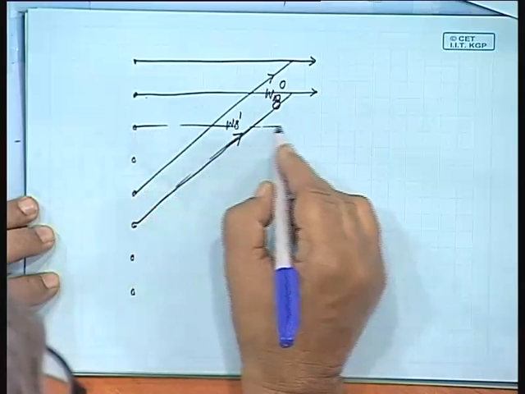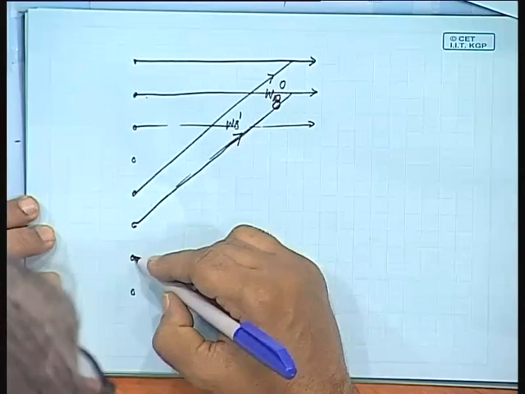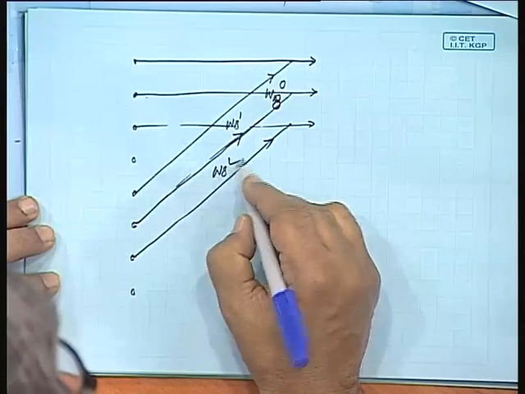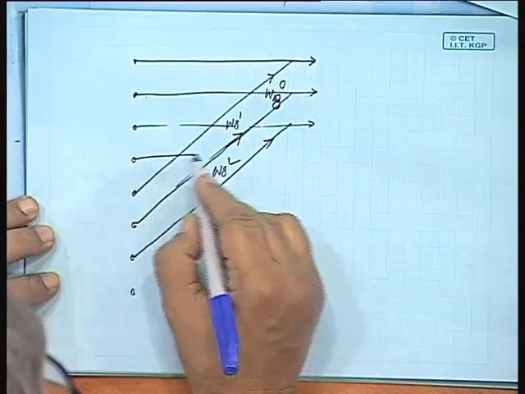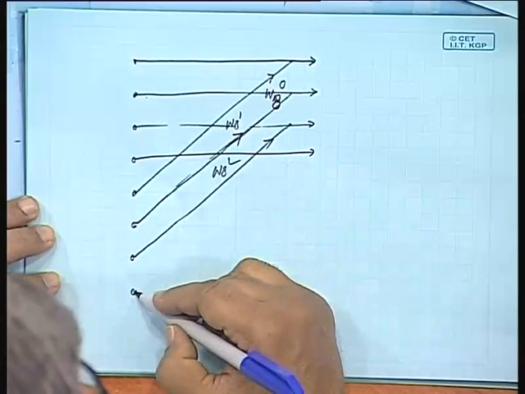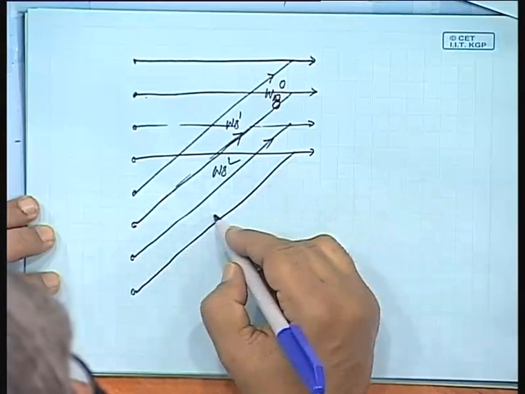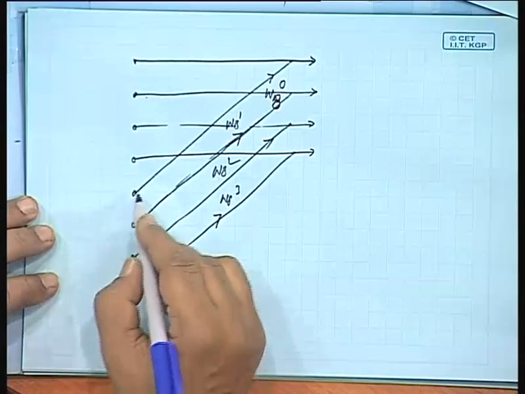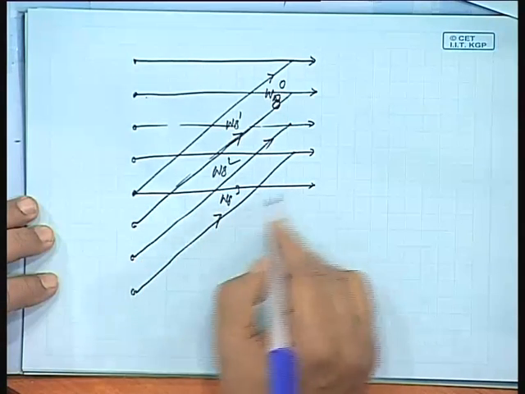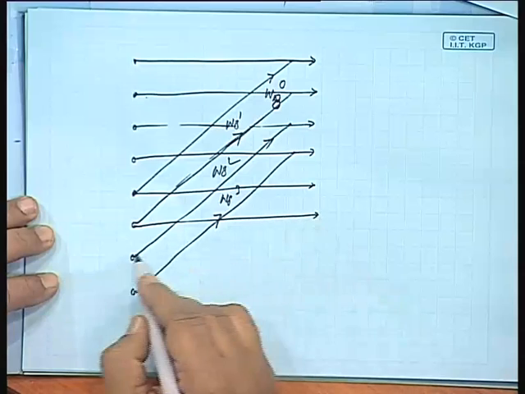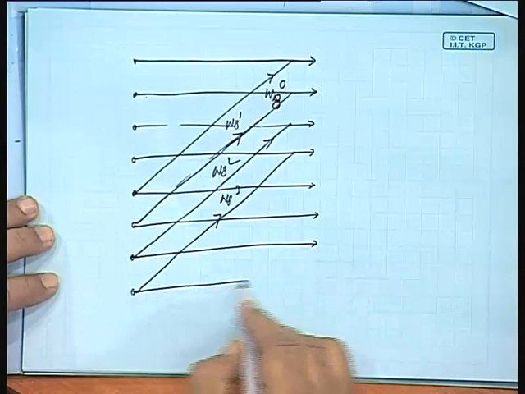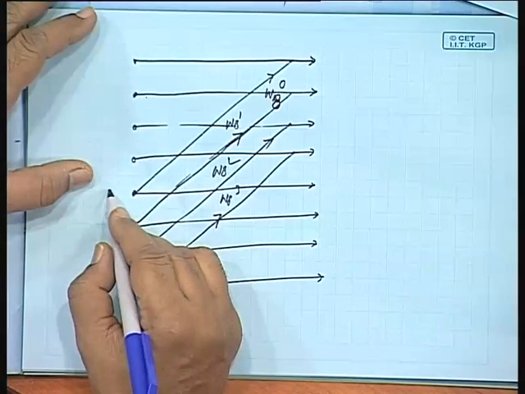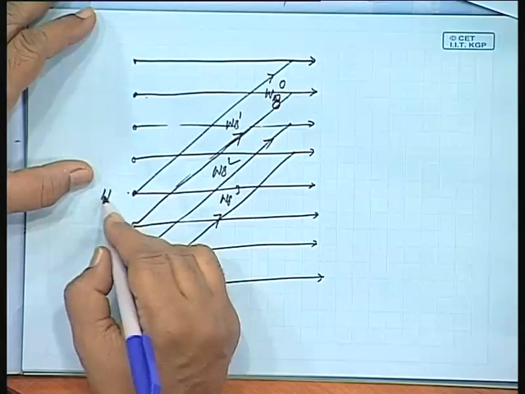Similarly, this is W_8^2 and this is W_8^3. And this one, this is H0.